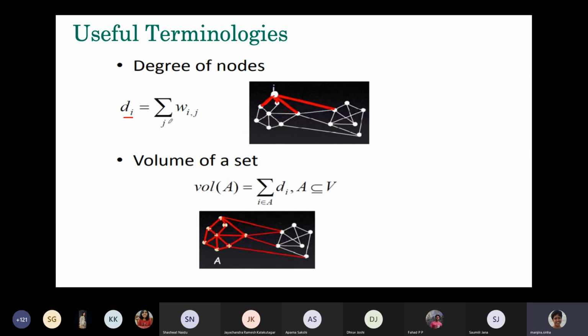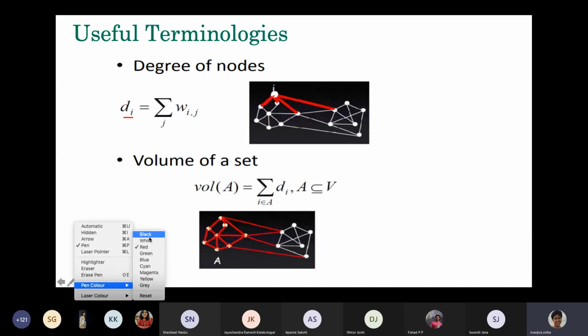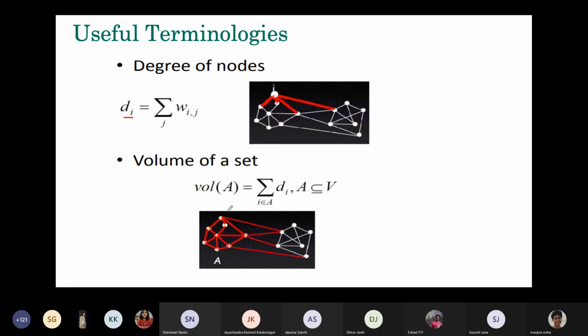So for each node we are calculating its edges. Take this edge. When we calculate its di, we are taking this edge, this edge, this edge, this edge.